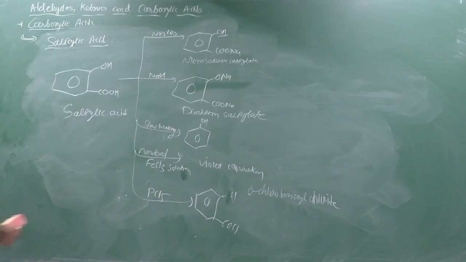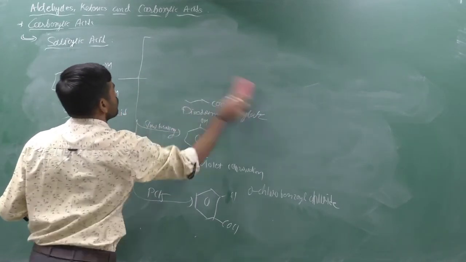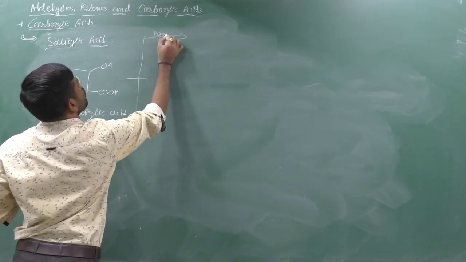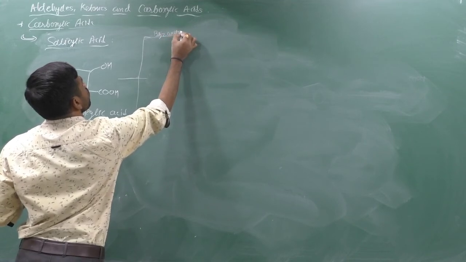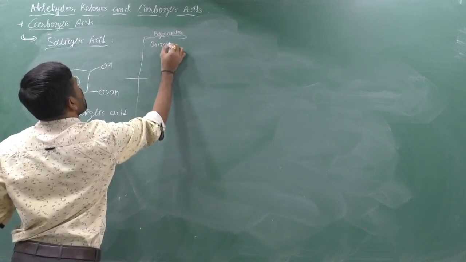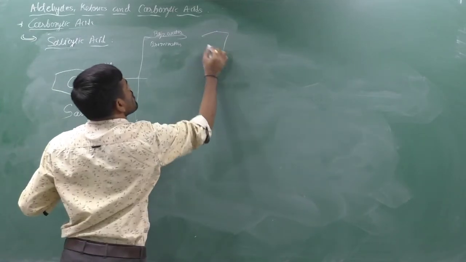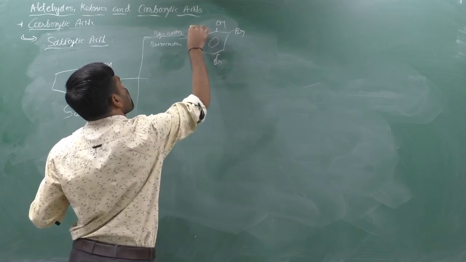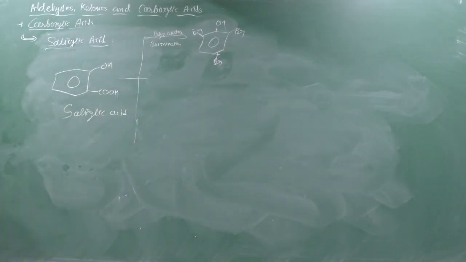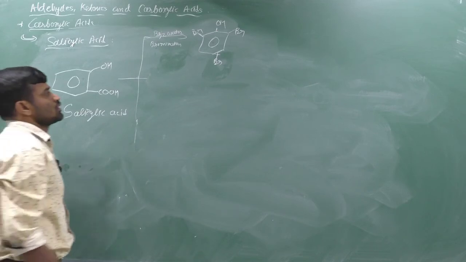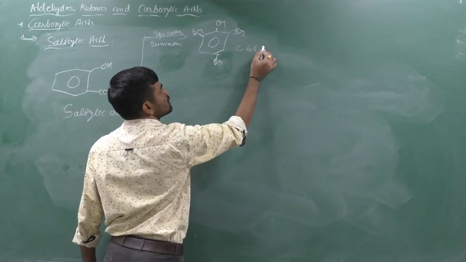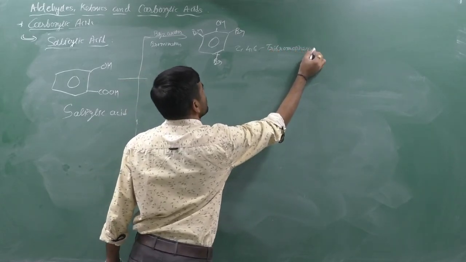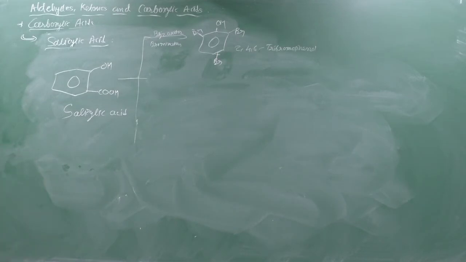If we treat with bromine water, for bromination, the product is like that, which is 2,4,6-tribromophenol.